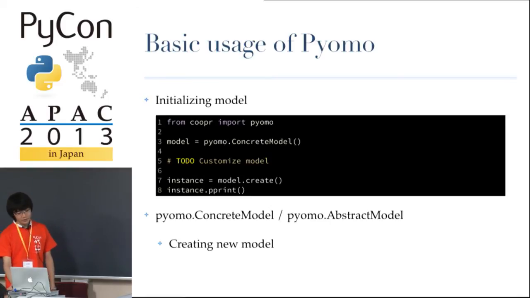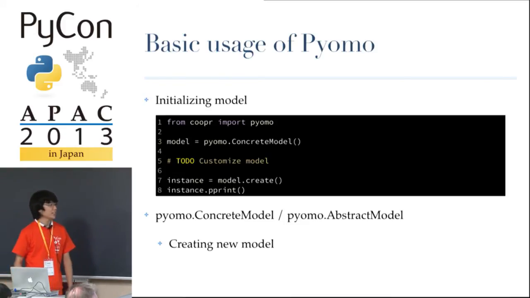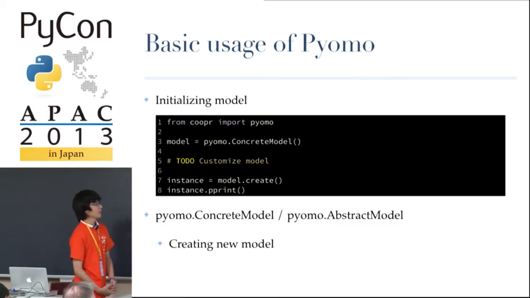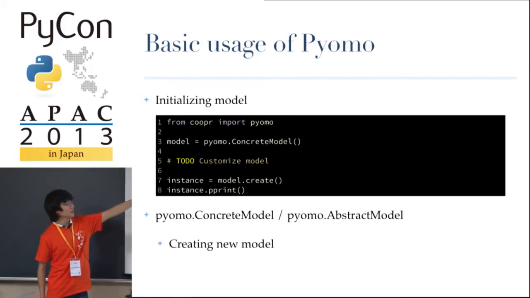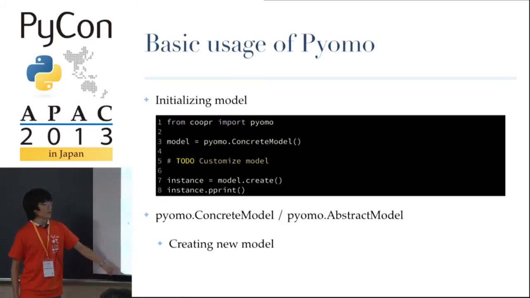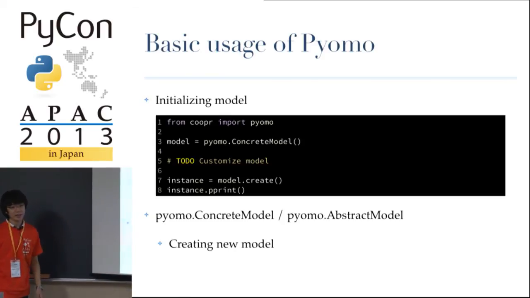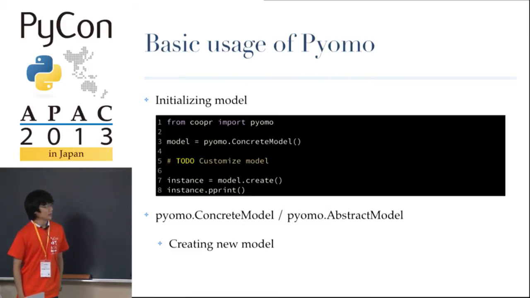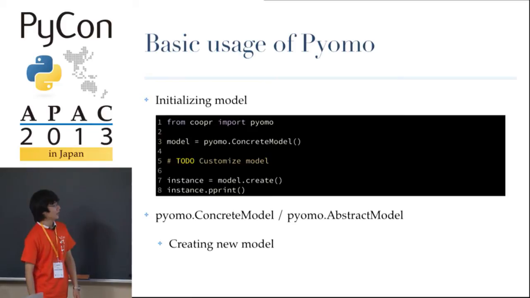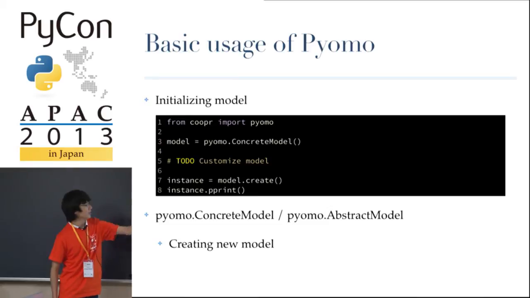Then let me introduce the basic usage of Pyomo. First, initializing the model. Import Pyomo, then create a model. Pyomo has concrete models and abstract models. An abstract model can separate model and data, but in this case we did not need to separate them, so we use a concrete model.